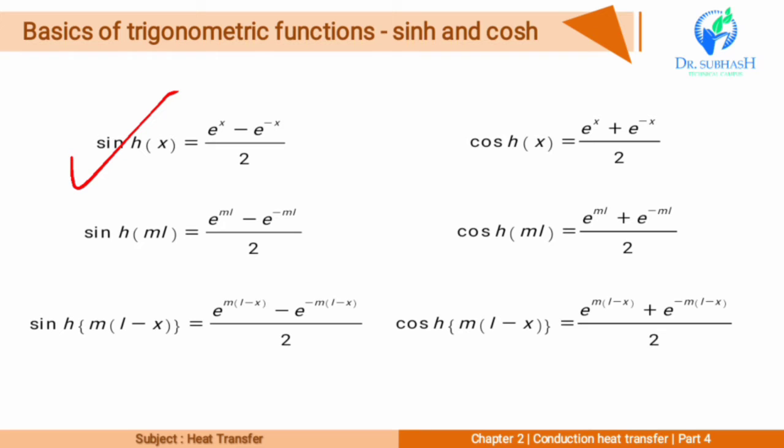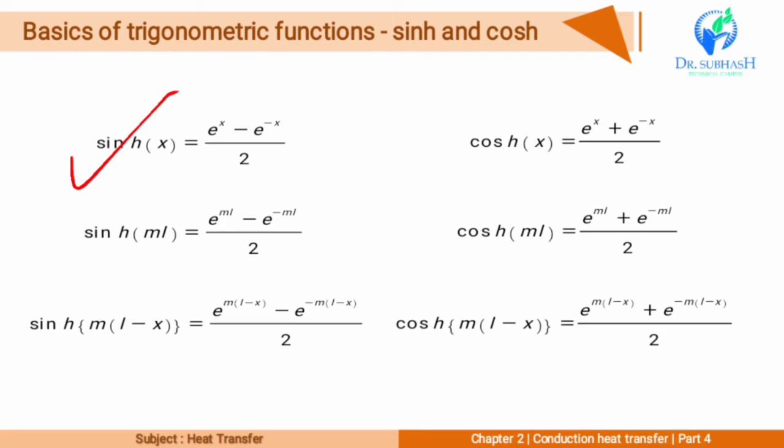Instead of x, if we write ml, sine hyperbolic ml is equal to (e raised to ml minus e raised to minus ml) divided by 2, and sine hyperbolic of m into (L minus x) is equal to (e raised to m(L minus x) minus e raised to minus m(L minus x)) divided by 2.